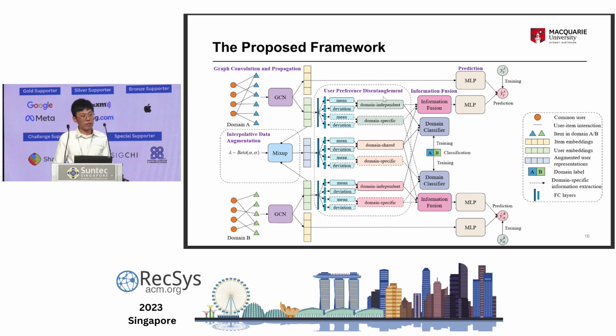After that, we can get the disentangled 3 essential components of user preferences, and then we feed them to the information fusion module to capture the comprehensive user preferences, and then feed them into the prediction module, the MLP, to get the final prediction results, and we can finally get the recommendation loss.